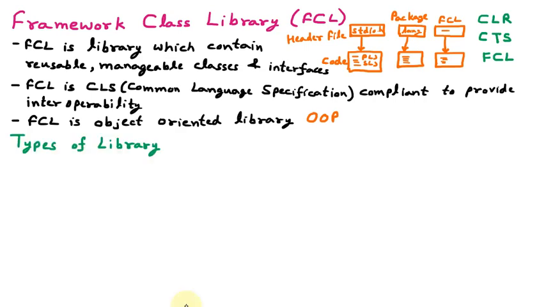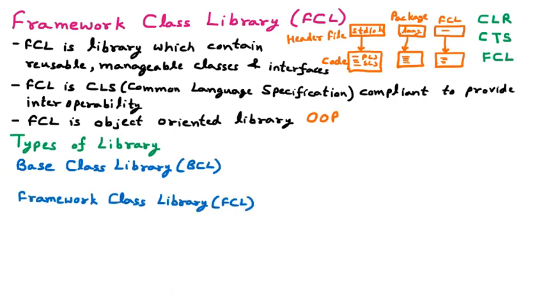If we talk about the library, there are two types here. The first one is the Base Class Library, also called BCL. The second type, which is our topic today, is the Framework Class Library, also called FCL. As the name signifies, Base Class Library means basic classes.